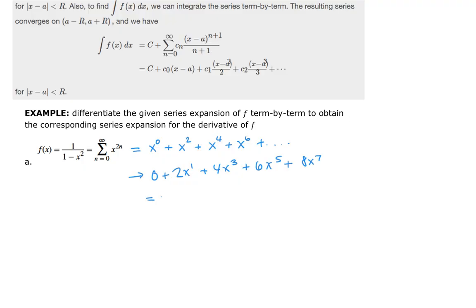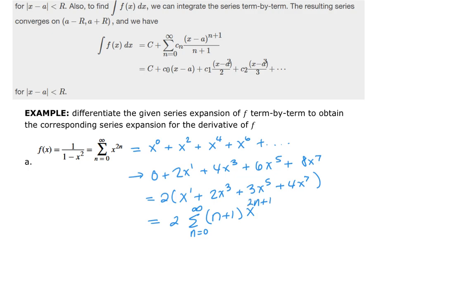If I factor out a 2, I'm going to get x to the 1 plus 2x to the 3 plus 3x to the 5 plus 4x to the 7th, which would give me 2 the summation of n equals 0 to infinity of, let me see, n plus 1, x to the n plus 1.